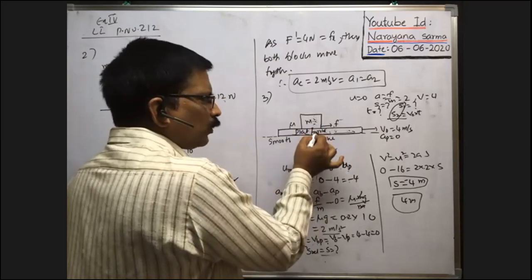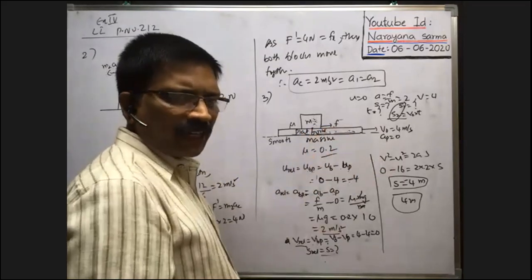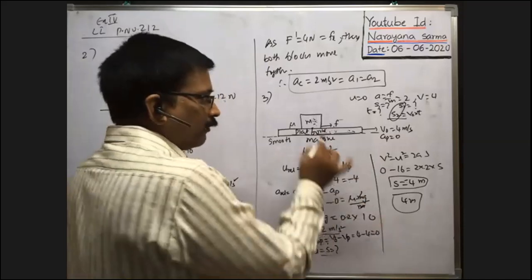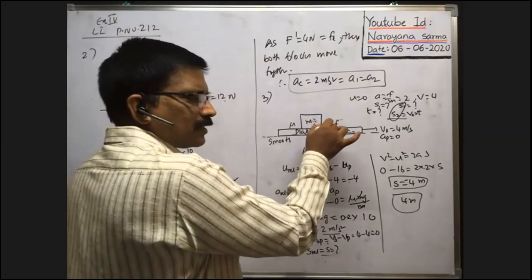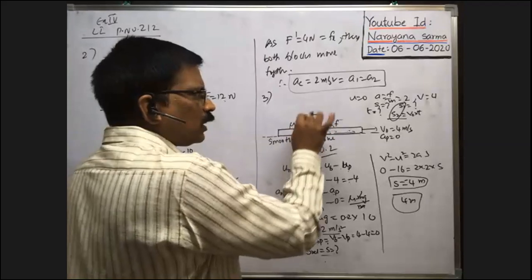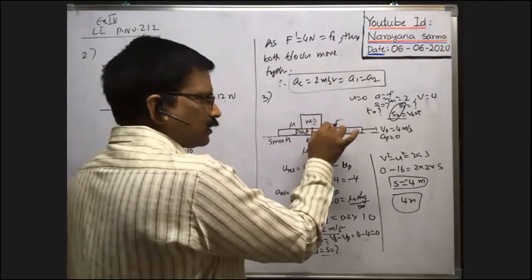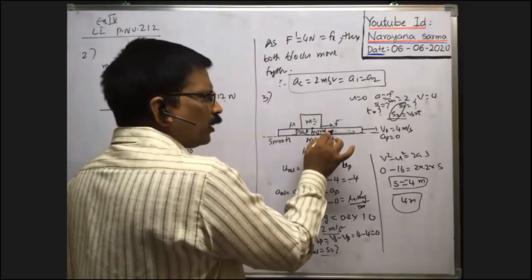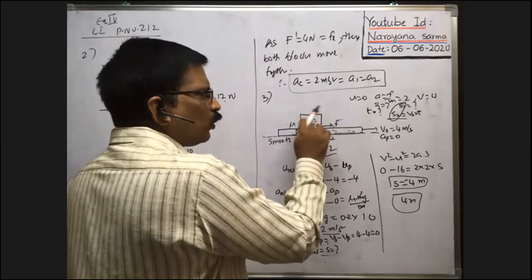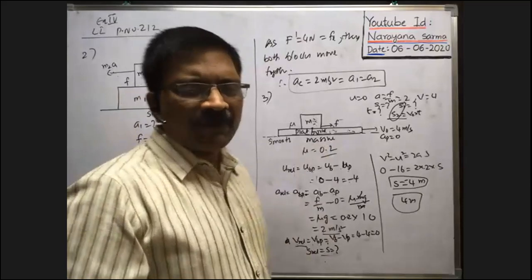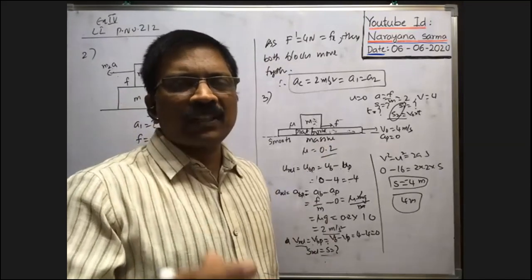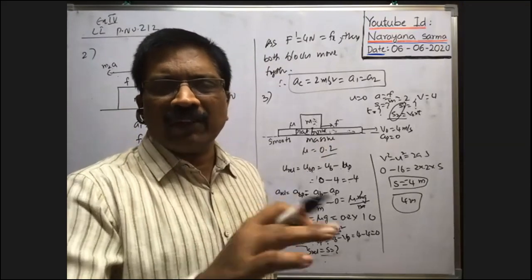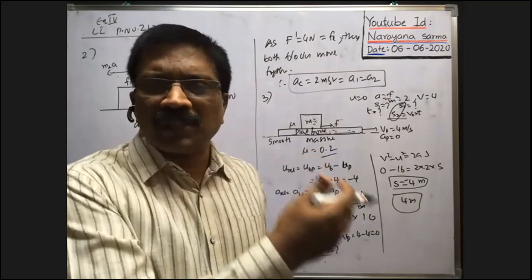Whenever there is no relative motion, friction becomes 0. Only when there is relative motion does friction exist. Whenever one body tries to slip over the other body, only then does friction exist. When the velocity of the upper block is the same as the velocity of the lower block, there is no relative motion, so no friction. If any relative motion is there, friction opposes it, but when there is no relative motion, there is no question of an opposing force.